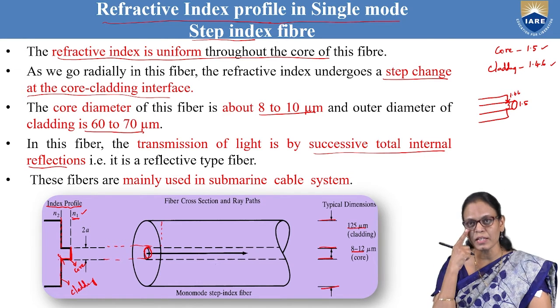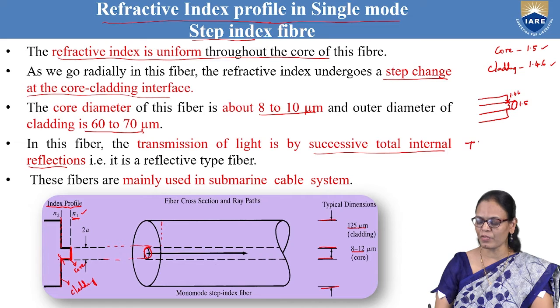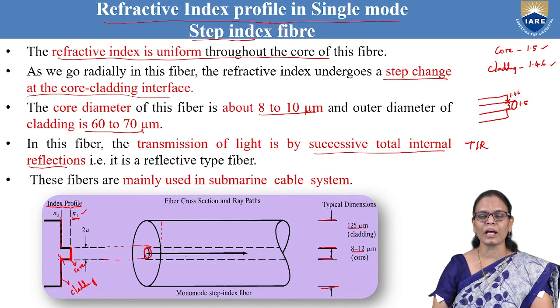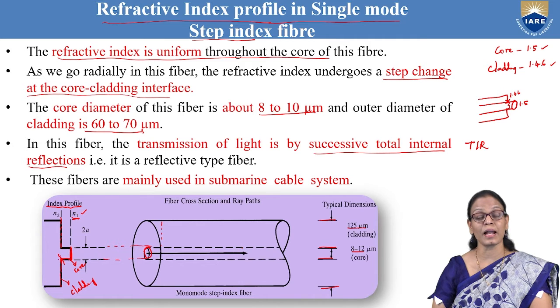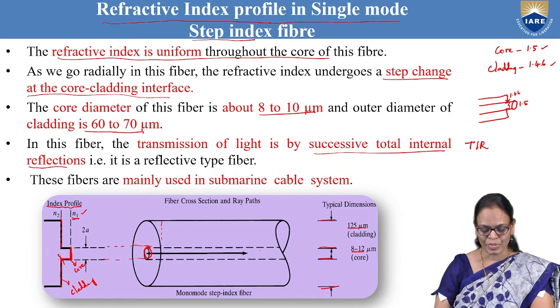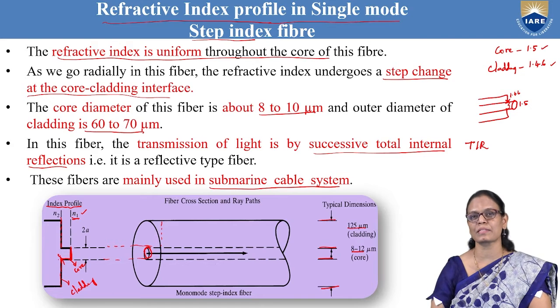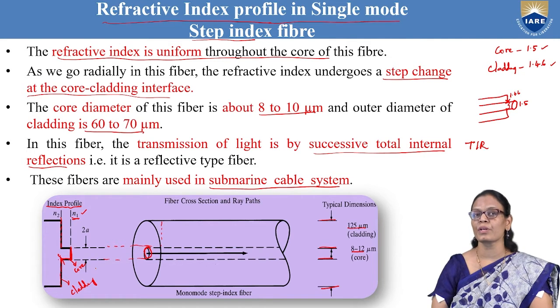The light that enters the core will undergo multiple reflections, and it gets total internal reflection, so that there is no loss of signal. And this type of fiber is mainly used in submarine cable systems. In submarines, they mostly use this type of fiber.